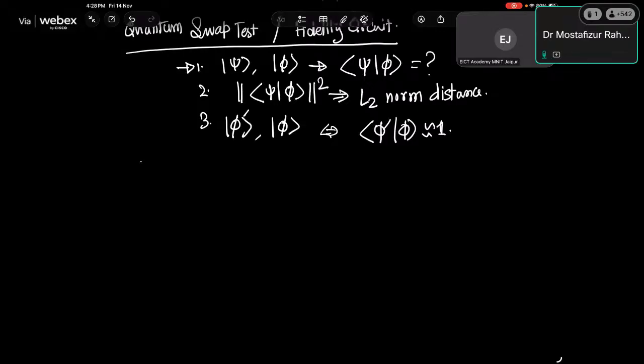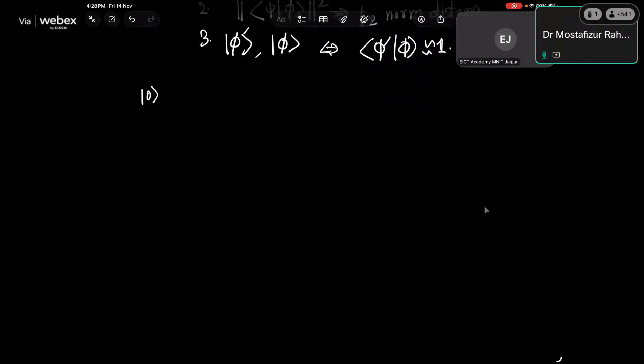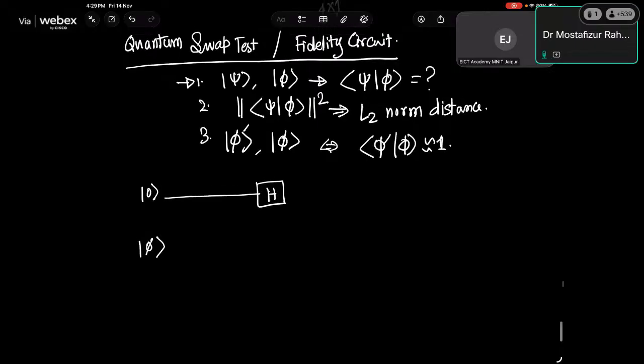So the circuit is something like this. If you have pen and paper, I suggest you draw with me and do the calculations with me. Draw the circuit not as a small box; take the entire page, left to right. We'll take three quantum registers. One is ket 0, initialized with 0.